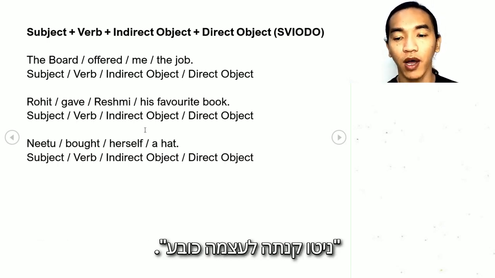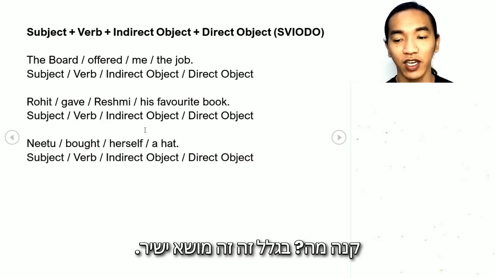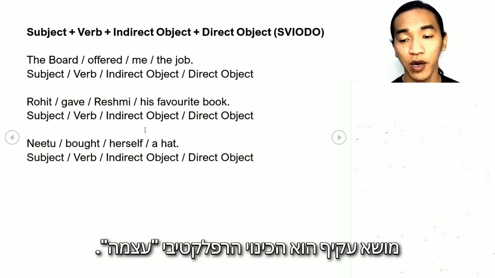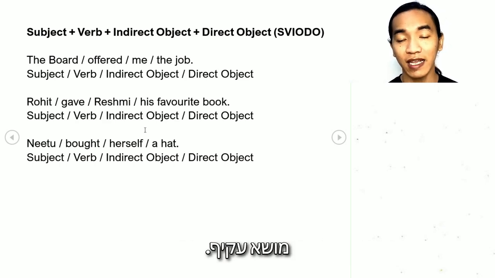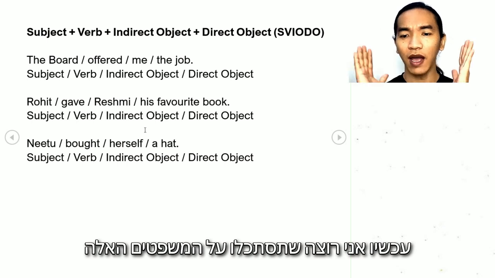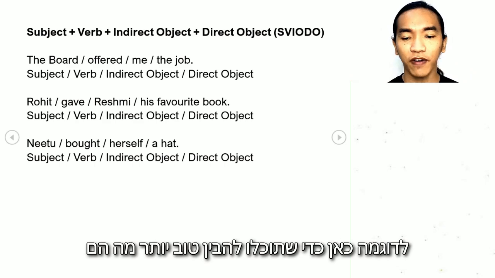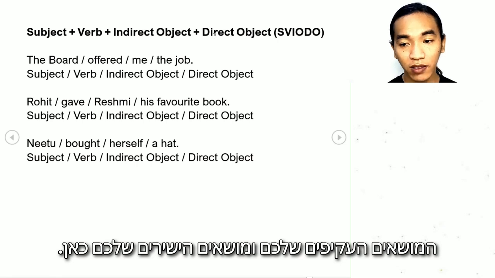Neetu bought herself a hat. Okay, bought what? That's why it's direct object. Indirect object is the reflexive pronoun herself. Okay, indirect object. Now, I want you to take a look at these example sentences here for you to better understand what are your indirect objects and your direct objects here.